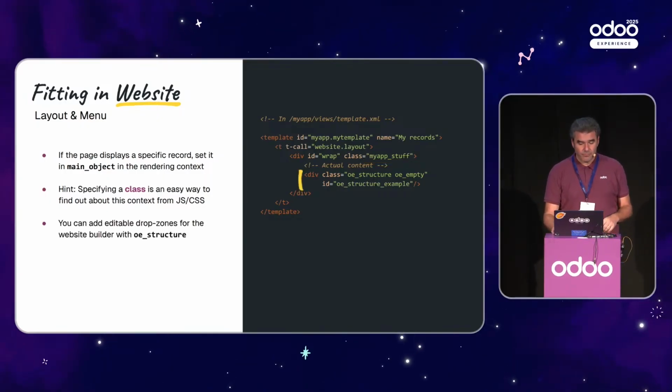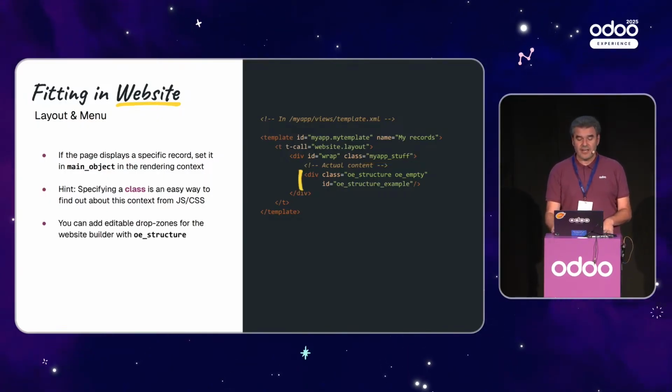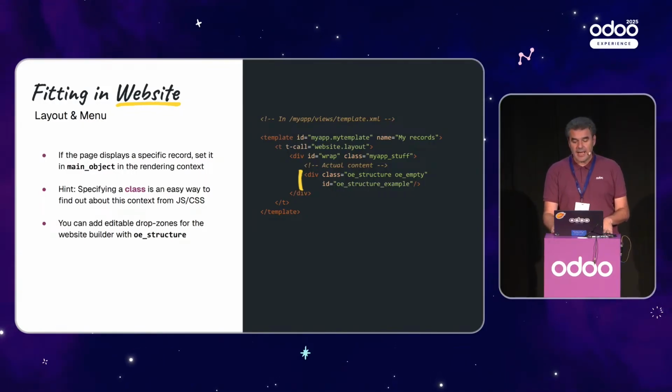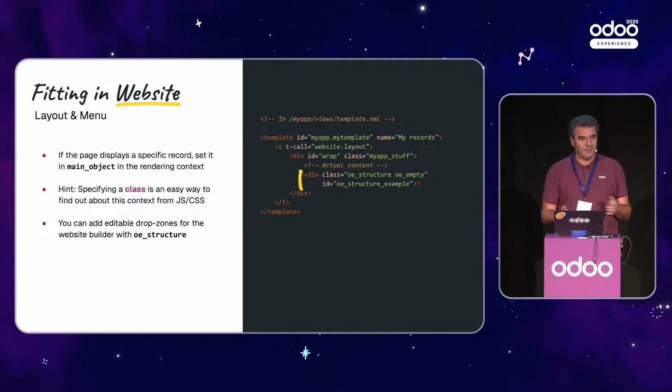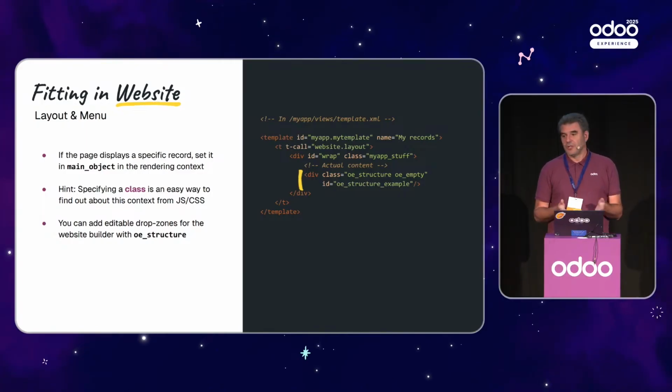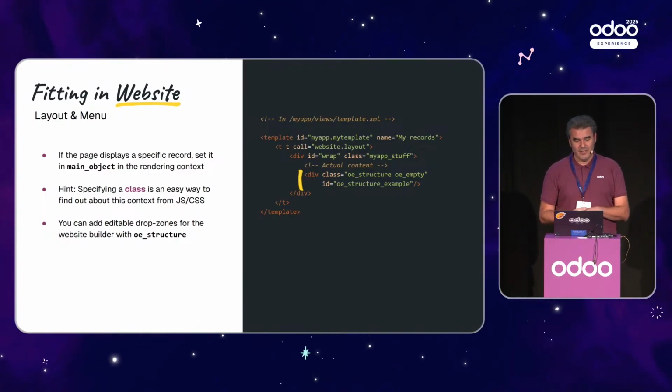Another nice to have, you can define a div with the classes oe_structure, oe_empty, and when you use the website builder, if you switch to edit mode, this gets converted into a drop zone within the page, which can then be further populated by the designer of your website without the need to return to configuring the templates in the code.